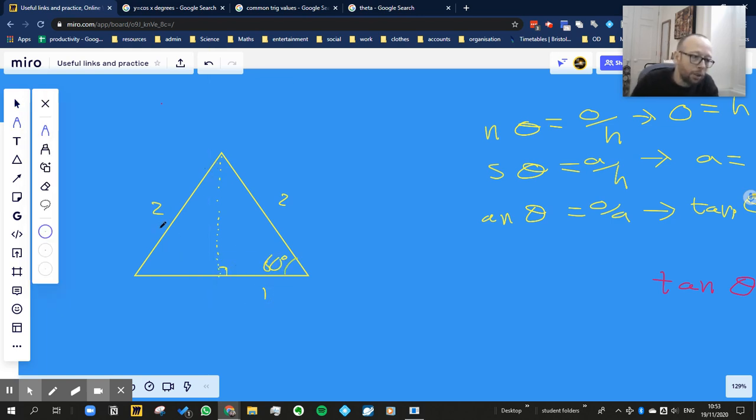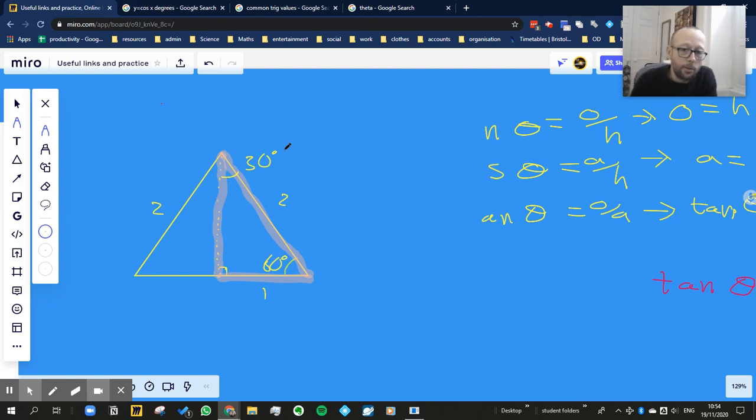And we're going to forget about the other part of the triangle. We're just looking at this right-hand side now. So I've coloured in the right-hand side so we know which part we're looking at. And all angles in a triangle add up to 180. So we've got 60, we've got 90. The remaining angle will be 30 degrees.